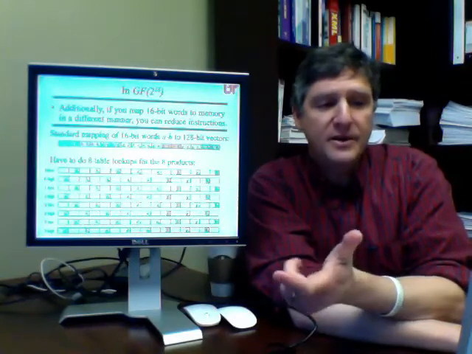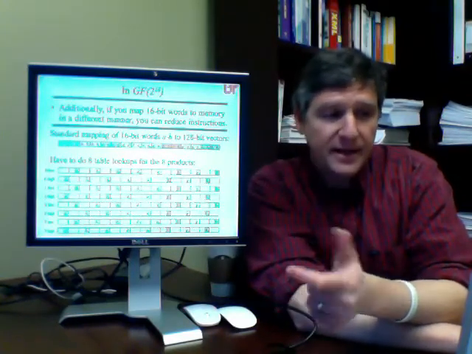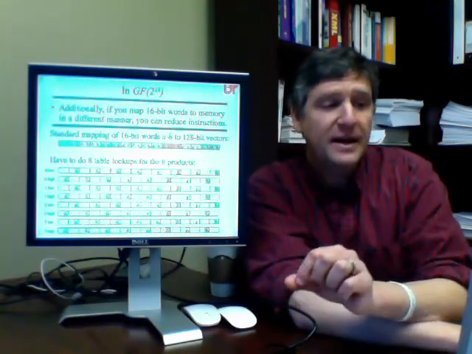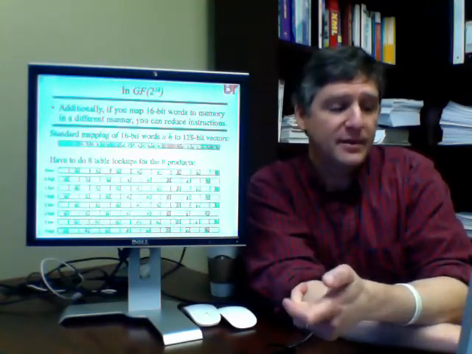If you map your 128-bit vector into 16-bit words, like I have in this picture, where each byte is a rectangle and every 4 bits is represented by a letter, you're going to have to do 8 table lookups for the 8 products.